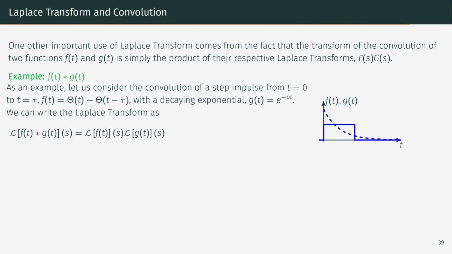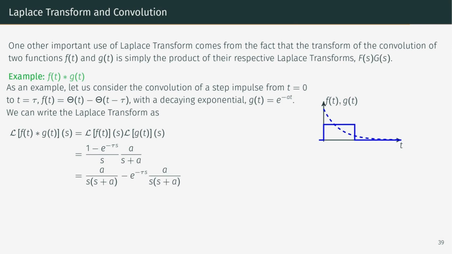We can then write the Laplace transform of the convolution of f of t and g of t as the Laplace transform of f of t times the Laplace transform of g of t. From earlier examples, inputting our functions and taking the Laplace transform gives the result equal to 1 minus e to the negative tau s over s times a over s plus a.